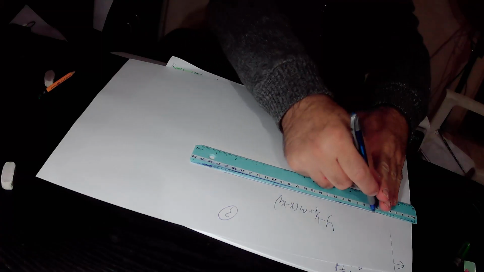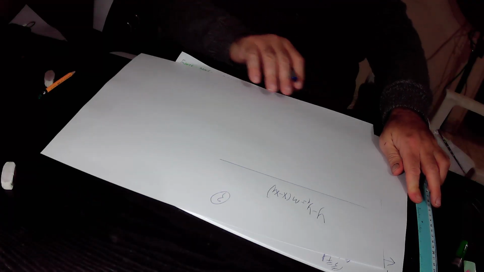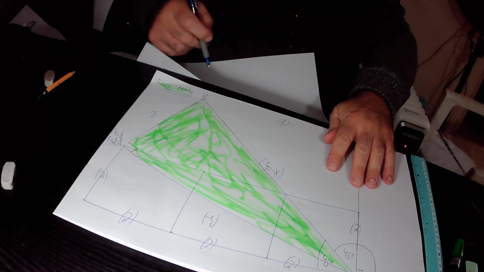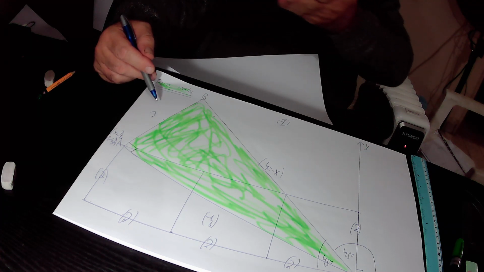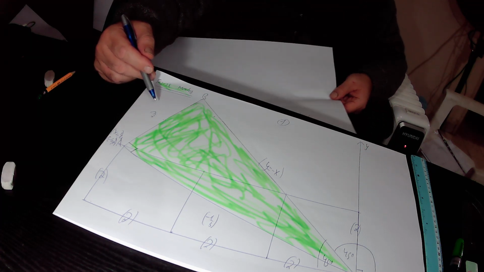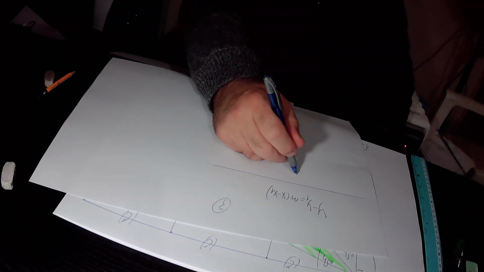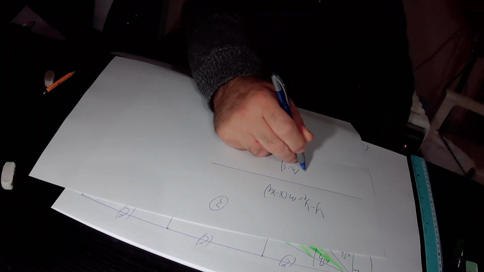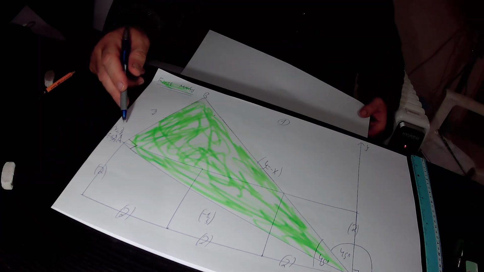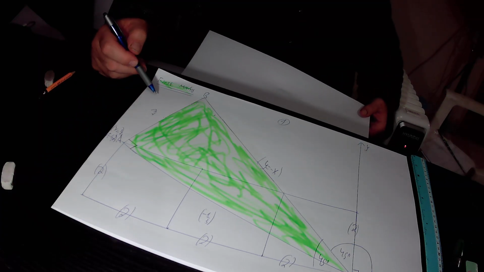So we are talking about the equation of this straight line AB. We already found out that the slope of this straight line AB equals 3. So m equals 3. Point A is located on the straight line AB.